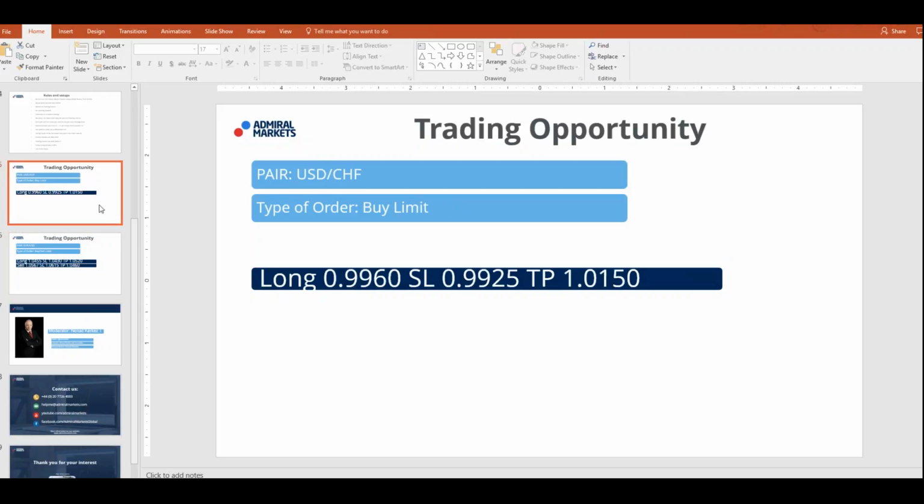Here is another setup, Swissy. But guys, as I say, if you enter a buy on dollar Swissy, don't go buy on euro dollar, because those two pairs are negatively correlated. You cannot trade the same direction.